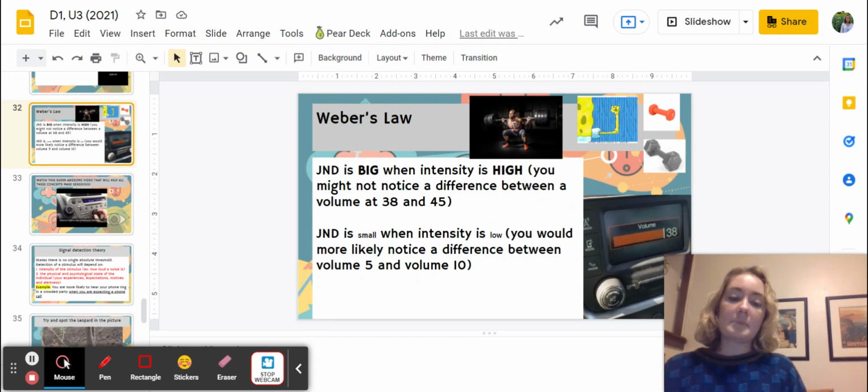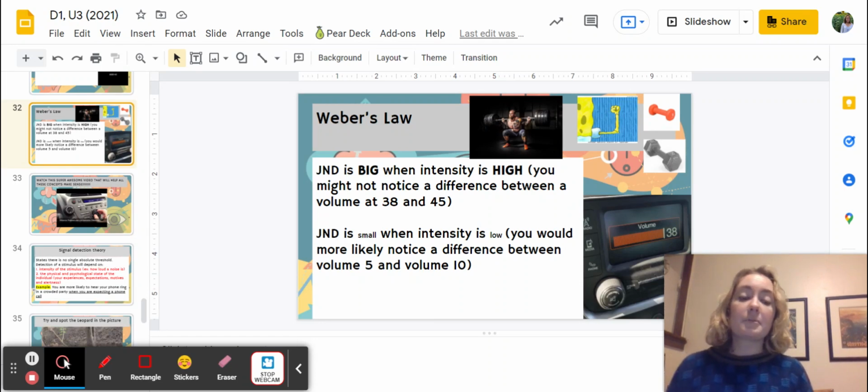Basically, going back to our weight example, when you have a really high intensity, let's say you're already lifting 100 pounds, if you put 1 more pound on, you're not going to notice a difference because the intensity is already really high. What's 1 pound more going to do?